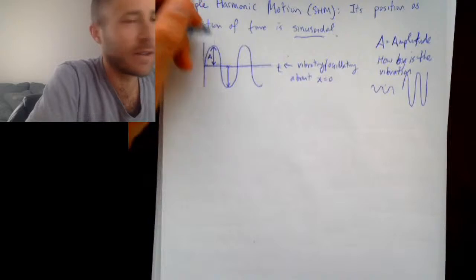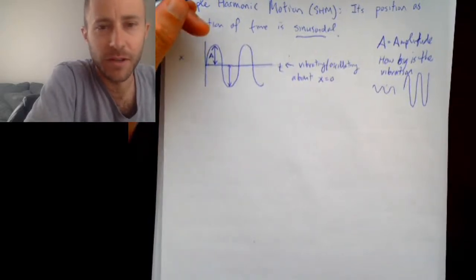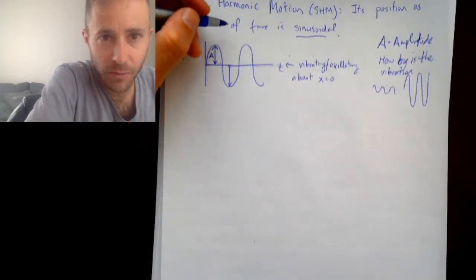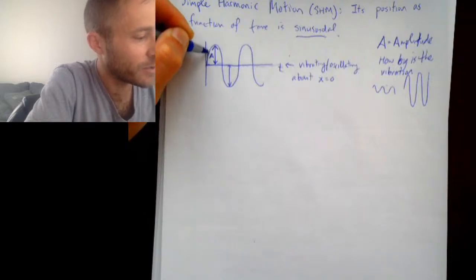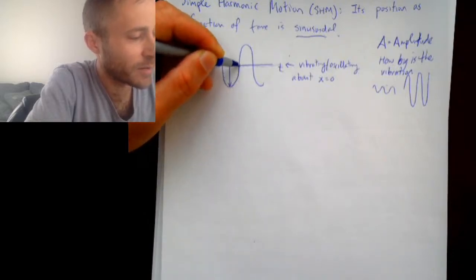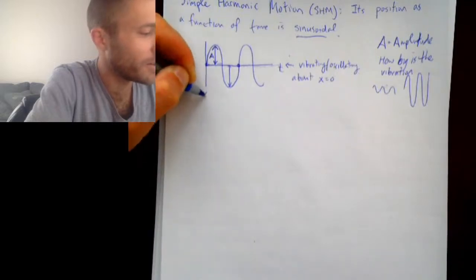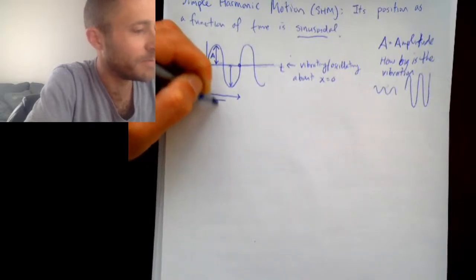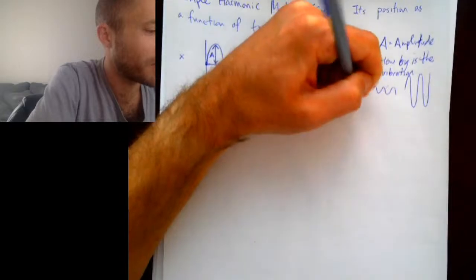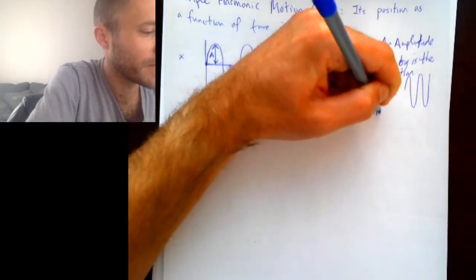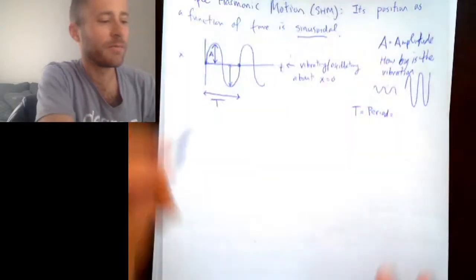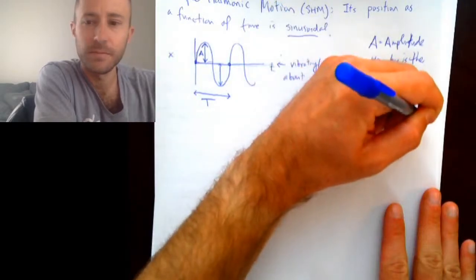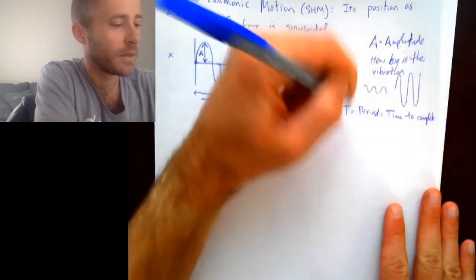The other quantity that describes the motion is the time it takes to complete a full vibration. So if we look at this, it goes up, it comes back down, it goes back up again. This amount of time right here is called the period T. So the capital T is equal to the period, and it is equal to the time to complete a vibration.